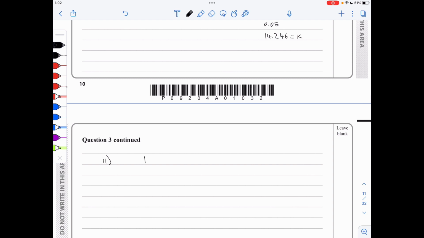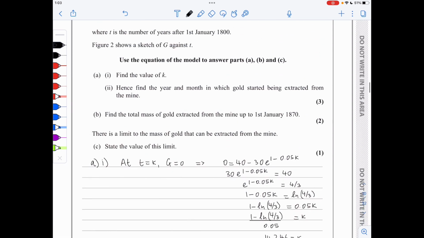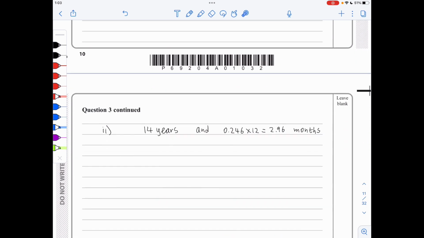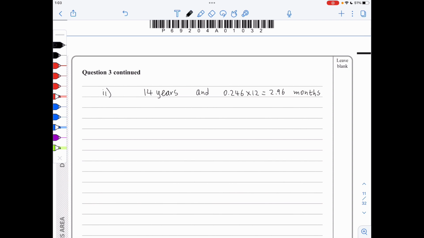So this means we've got 14 years and 0.246 of a year, so I multiply that by 12, it turns out to be 2.96, and this is months. Now, we were told that it was initially the 1st of January of 1800, so after 14 years and 3 months, it's March of 1814.